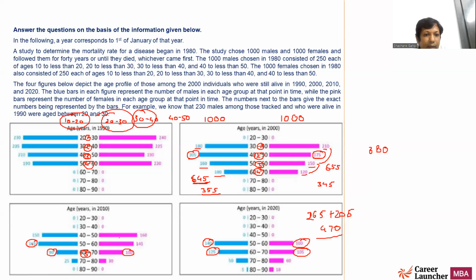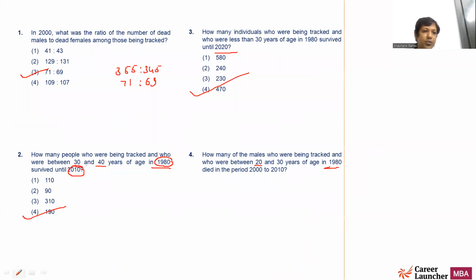And here I have a total of 310 people. So how many people out of 380 are still alive? That's 310. So how many people died? That's going to be 70. So my answer to this question is going to be 70.